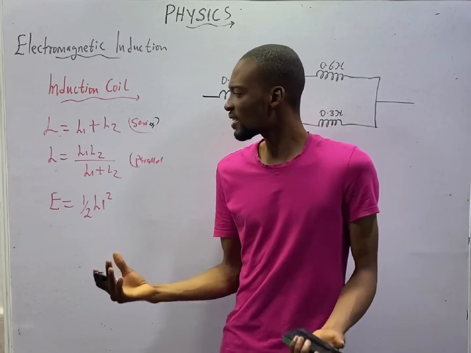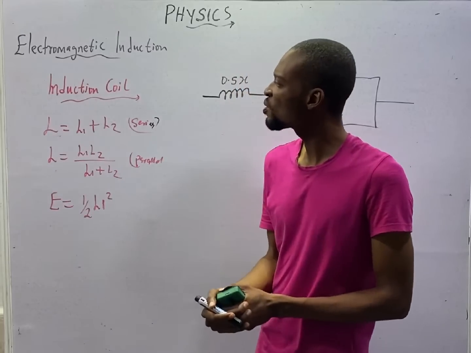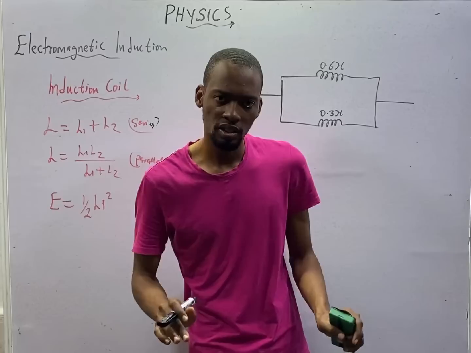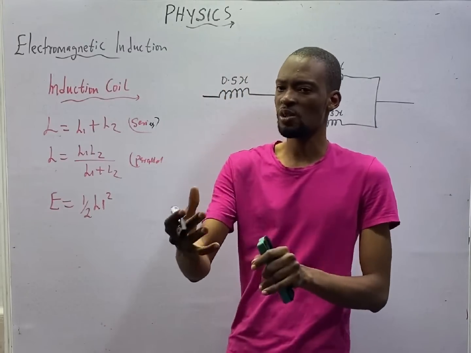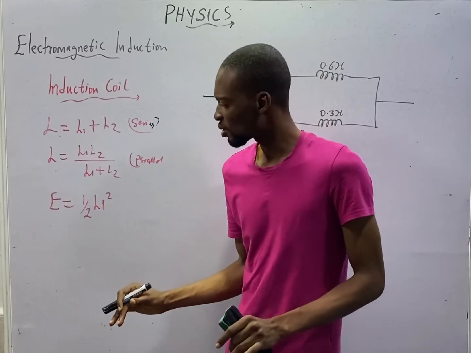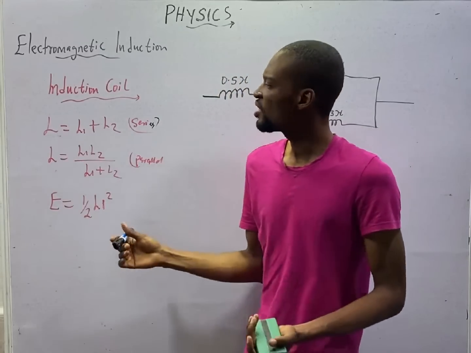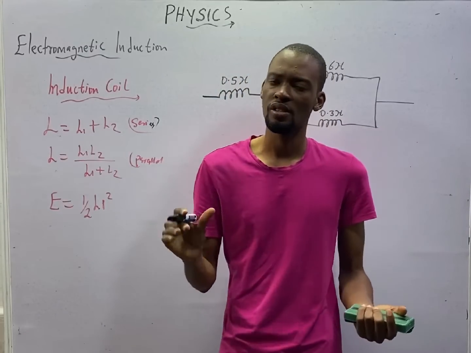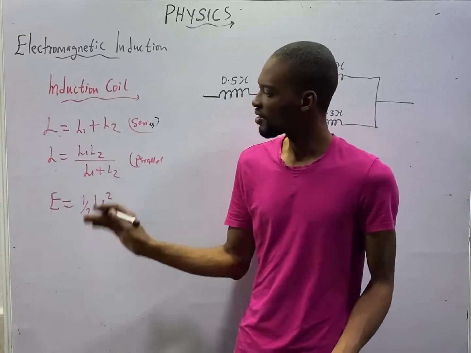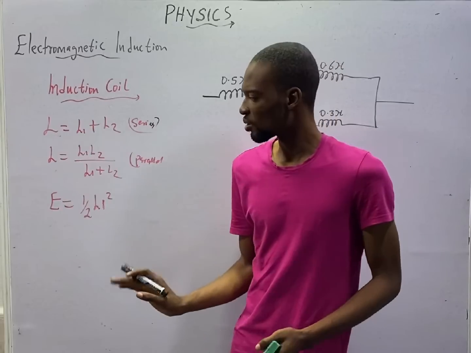Jamb generally expects you to know two things when it comes to inductors or induction coil: arrangement of inductors and energy stored in an inductor. Inductors can be arranged in series and in parallel. For series arrangement, you just add the inductors.